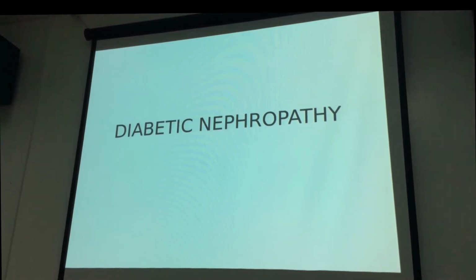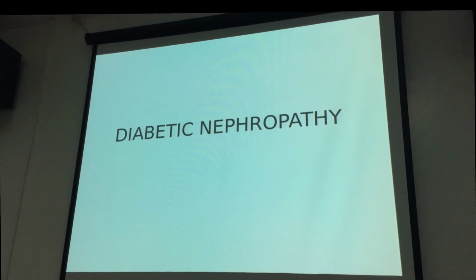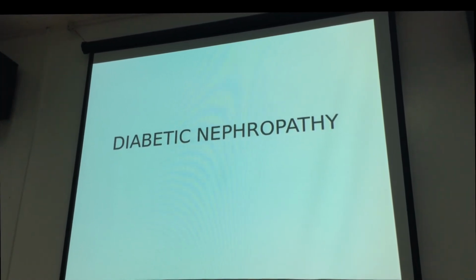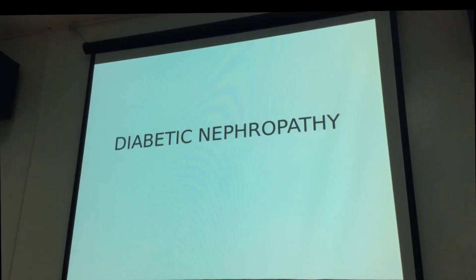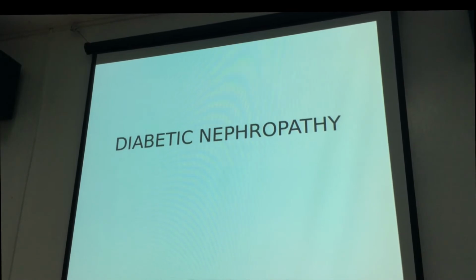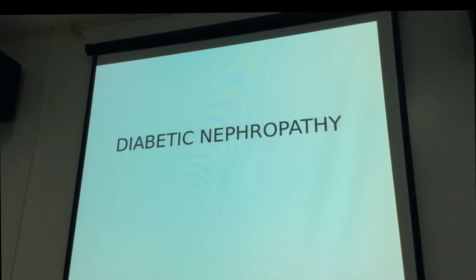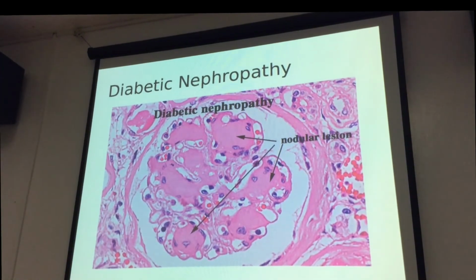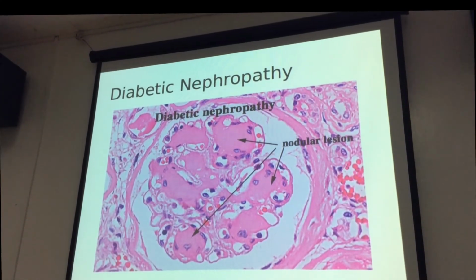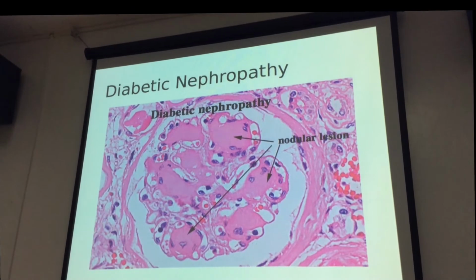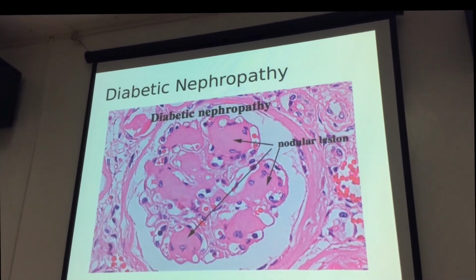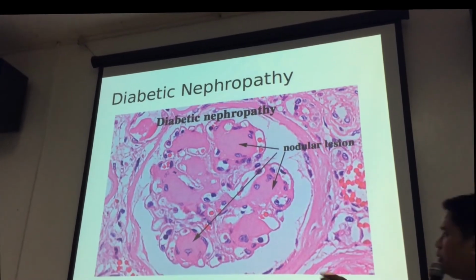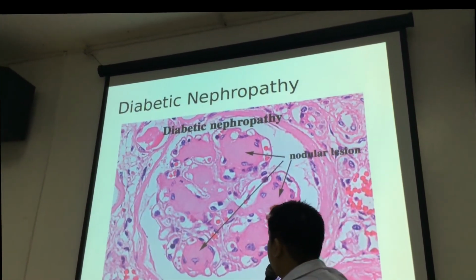Then we come to diabetic nephropathy. Cellular injury or tissue injury brought by diabetes mellitus is secondary to the toxic effects of sugar in the blood of the patient. Now, the morphologic condition seen in diabetic nephropathy is the classical Kimmelstiel-Wilson nodules, or your nodular sclerosis.